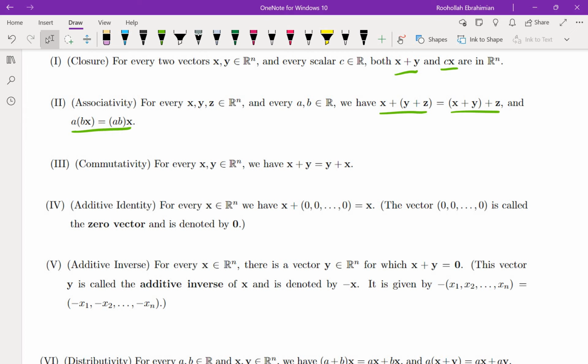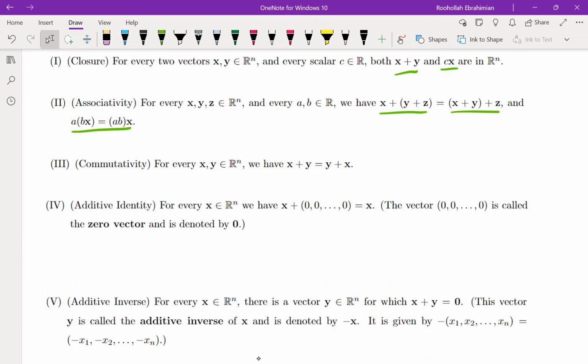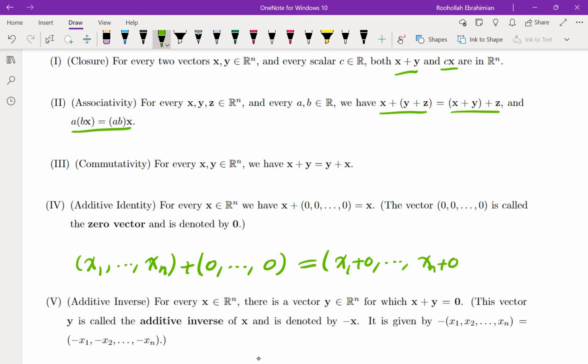The next property is additive identity. So if I take a vector x, (x1, ..., xn), and I add the 0 vector, the vector in which all of the components are 0, I would end up with x1 plus 0 all the way to xn plus 0, which is the vector (x1, ..., xn).